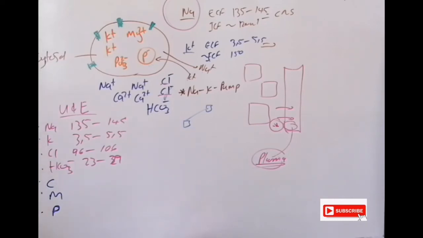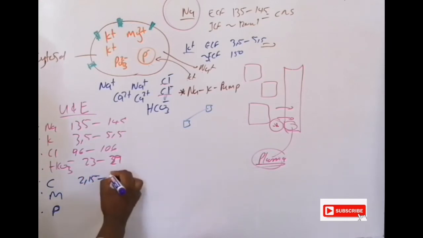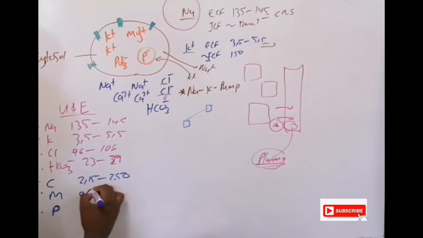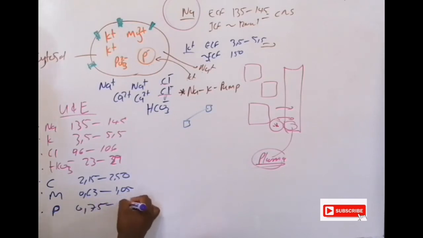Calcium in the plasma is about 2.15 to 2.50, your magnesium is 0.63 to 1.05, and then the phosphate is 0.75 to 1.42.